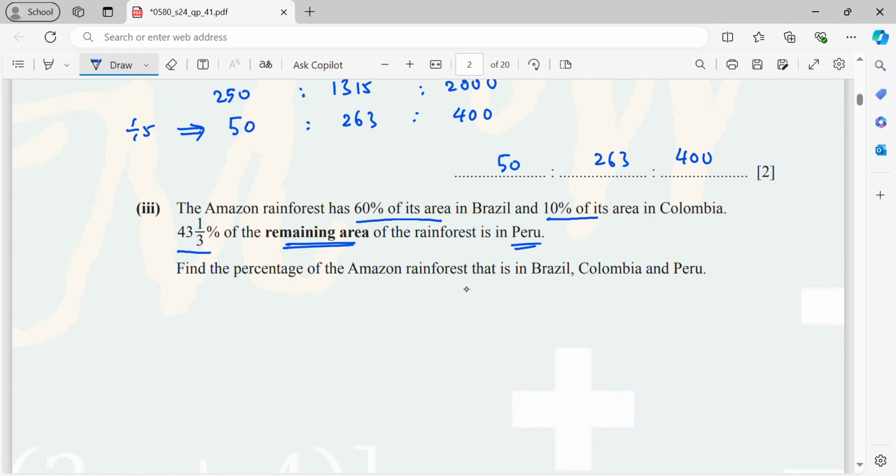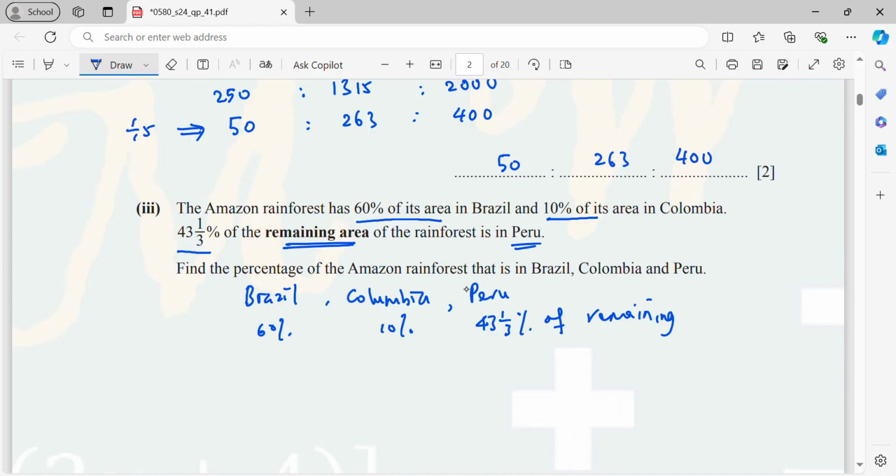So here I will just write Brazil, Colombia, and Peru. This is 60%, here 10%, and 43 and 1/3% of remaining. So I need to find out what is the remaining first.